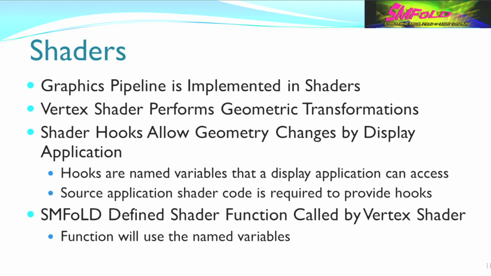So, the graphics pipeline is implemented in shaders, and more programs are going to more shader-based programming. And that presents some challenges. We know that the vertex shader performs the geometric transformations and turns your user data into normalized device coordinates. At that point, you can do some simple trig and convert or adjust the geometry for a specific eye point.